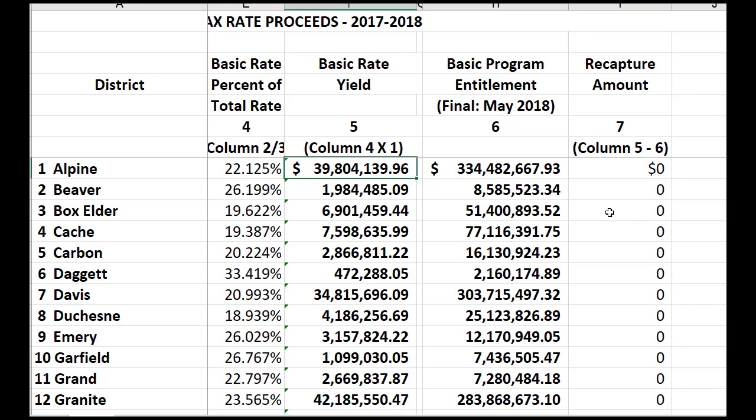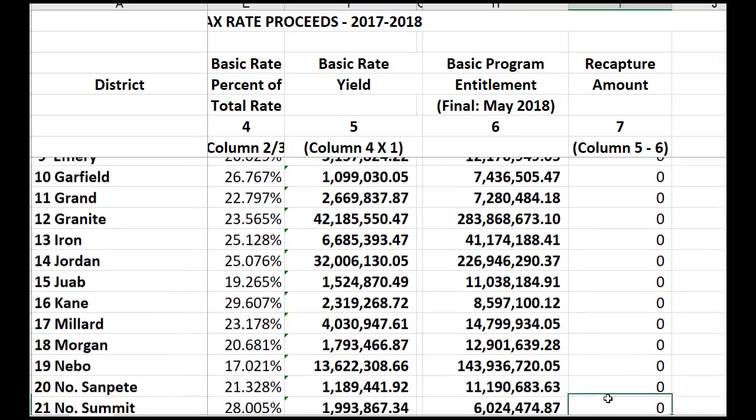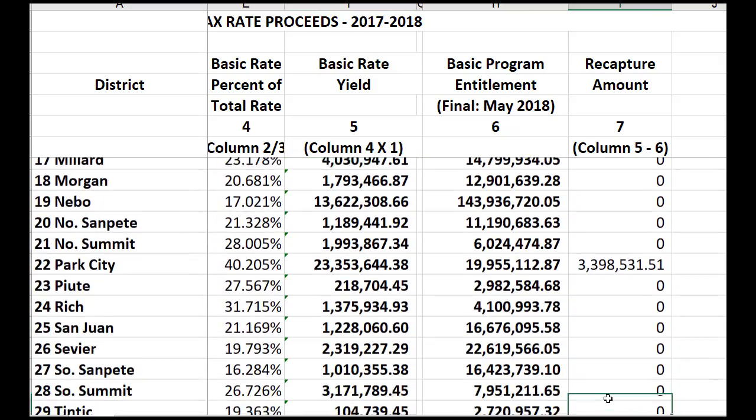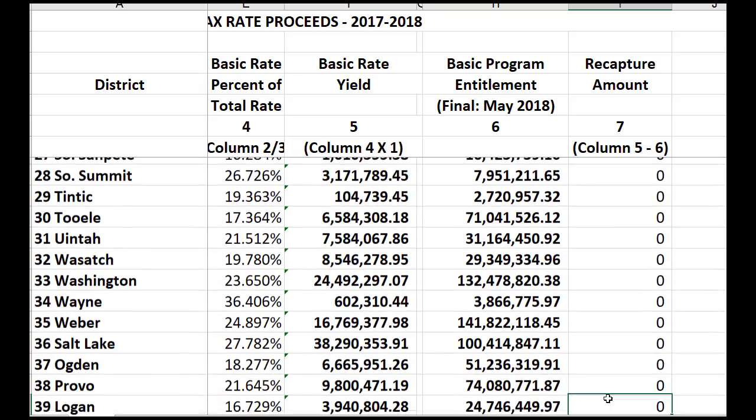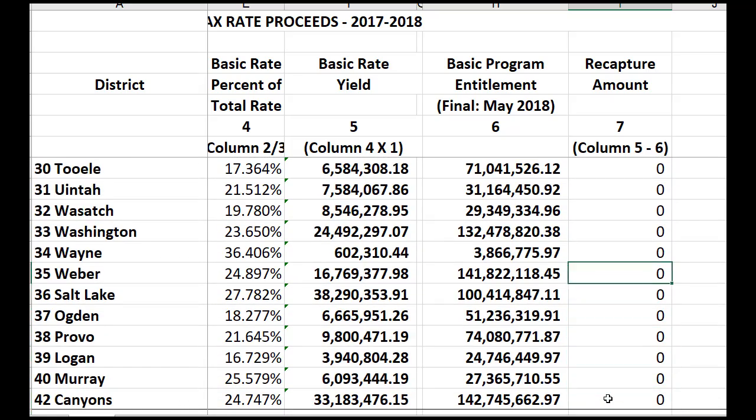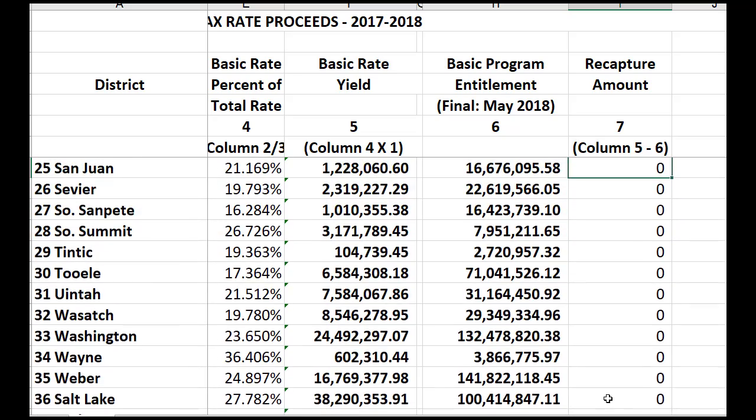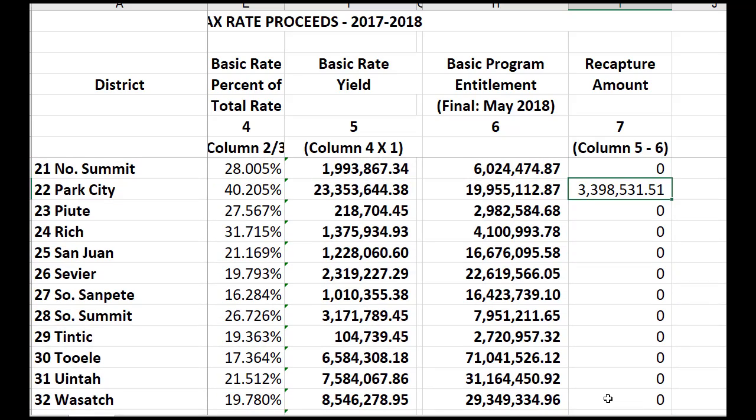And as we scroll down through this sheet, you can see that we only have one school district that qualifies for recapture, and this has happened almost every year since 2015.